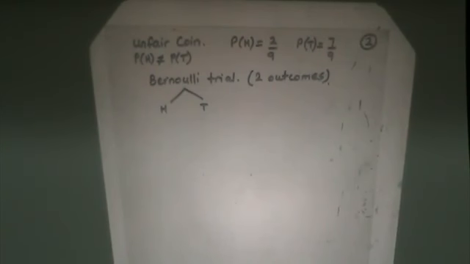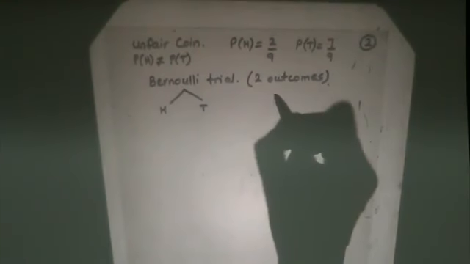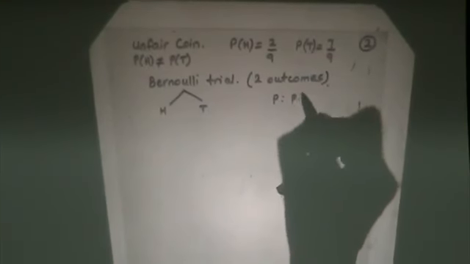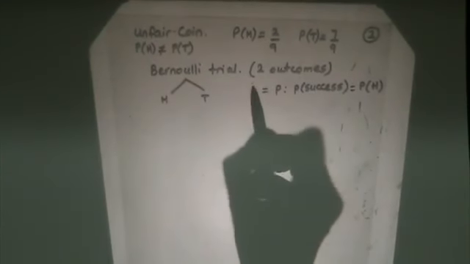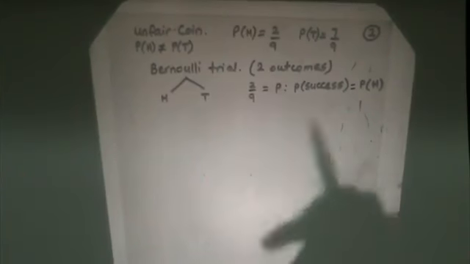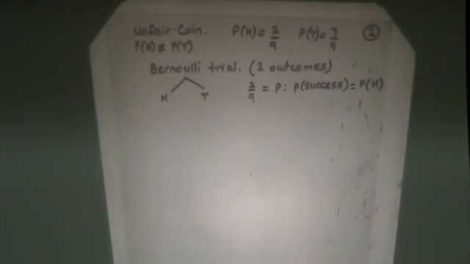In a single Bernoulli trial, P is the probability of success. So what do we want to call successes? Maybe heads are successes in our case. So let's call this the probability of heads. In our case, P is 2/9, the probability of heads, because I am letting my heads be successes.